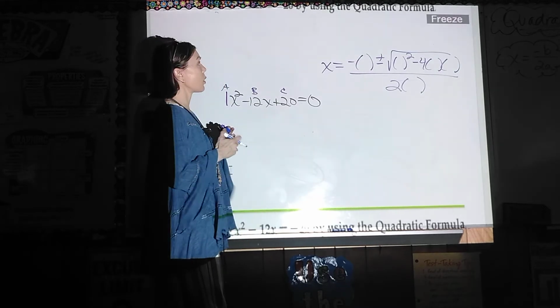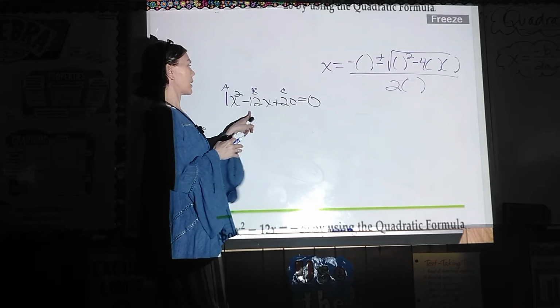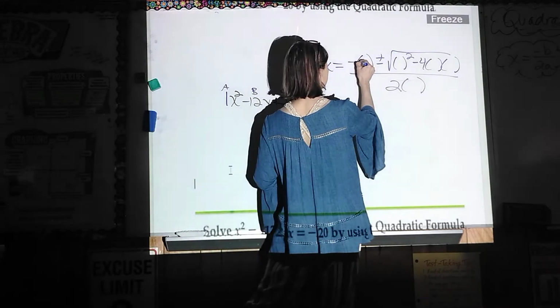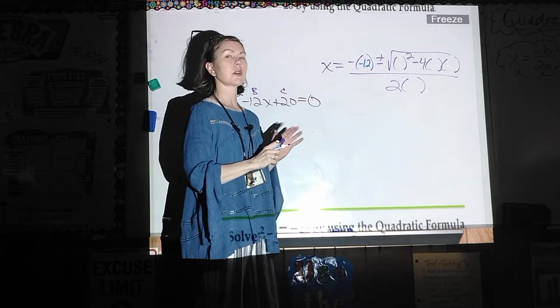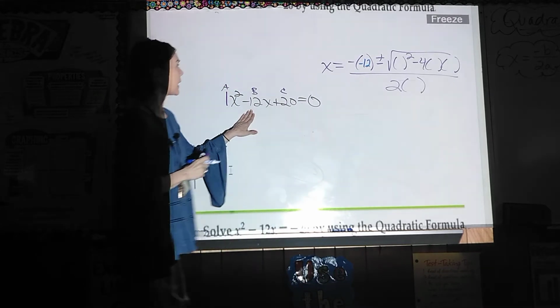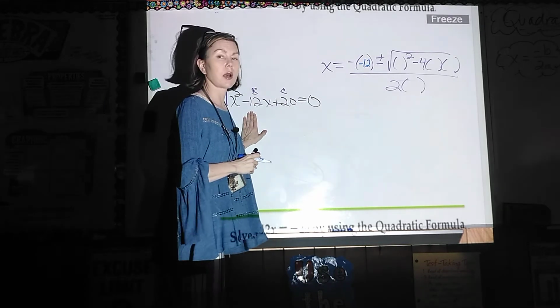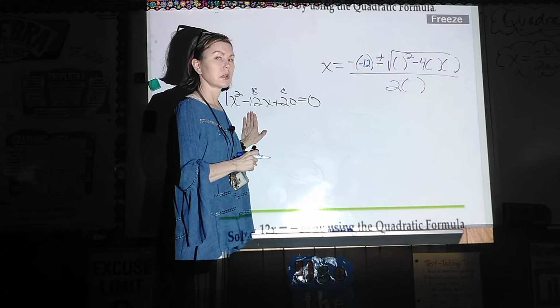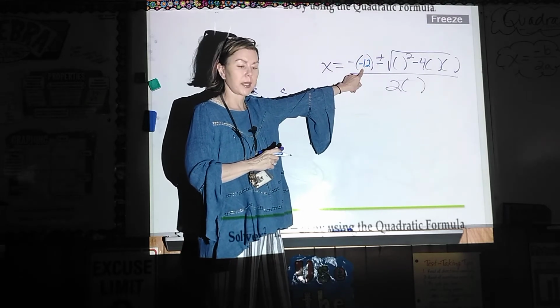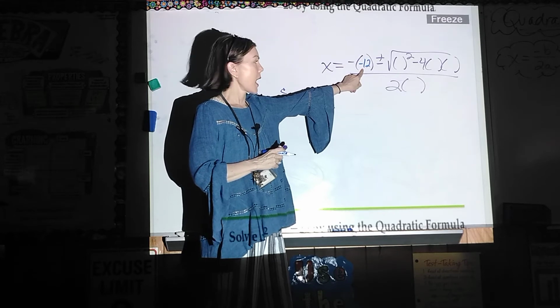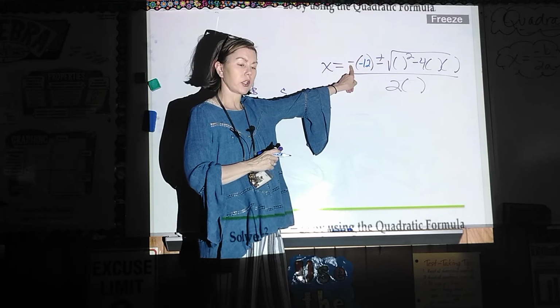All right, so, what's our B? Negative 12. Folks, very, very good here. Our B is a negative 12. So you have to put the negative 12 in here, okay? And what does that negative tell you?